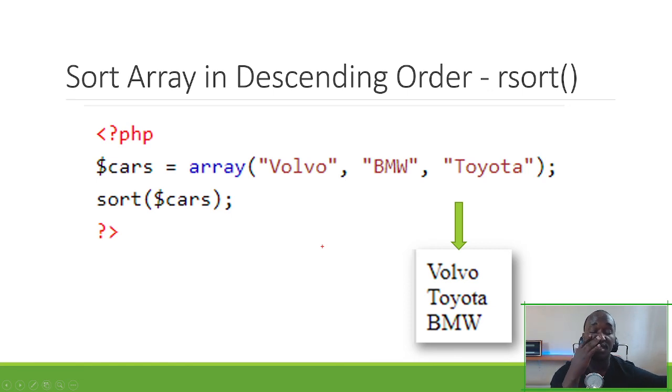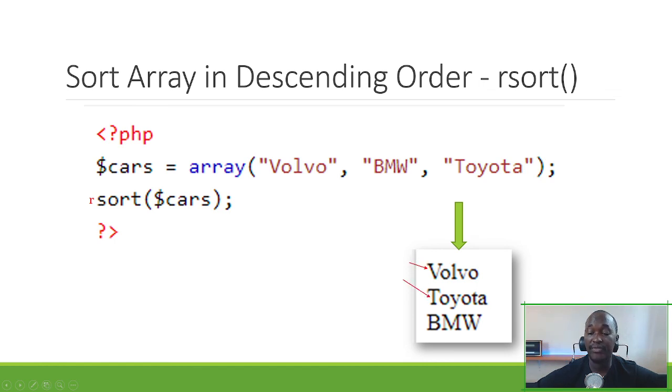Oh, in this example, these were supposed to be rsort. Sorry, so these are supposed to be rsort. So here we have rsort. Please remember that it's supposed to be rsort. If you use rsort, you're going to sort in descending order.